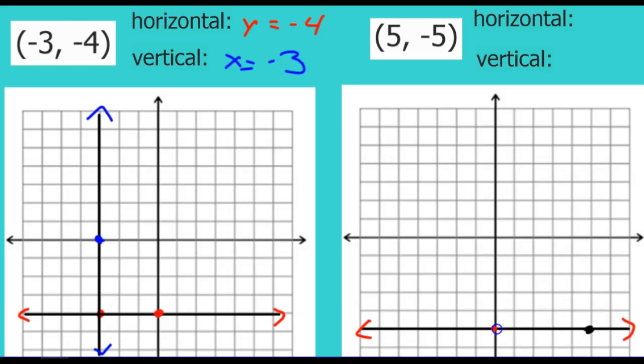This crosses our y-axis, so y equals -5, because it's at -5. Then our vertical is going up and down. So our vertical then is x equals 5.